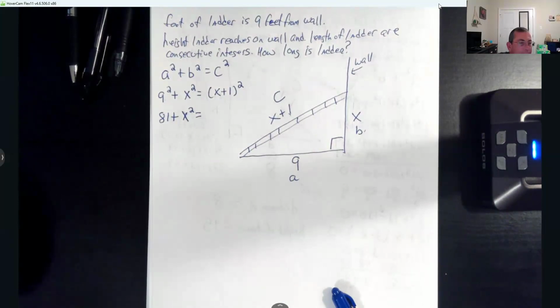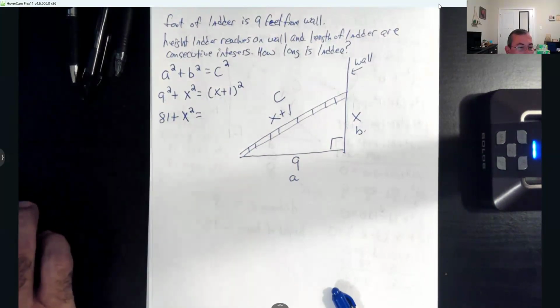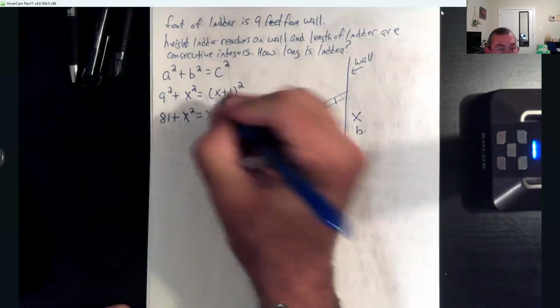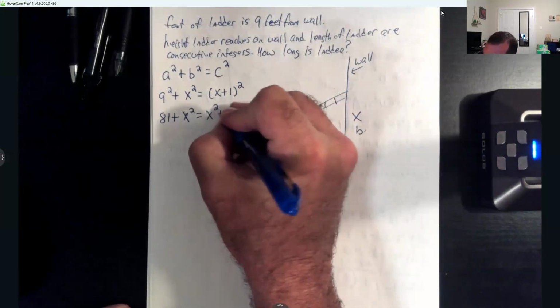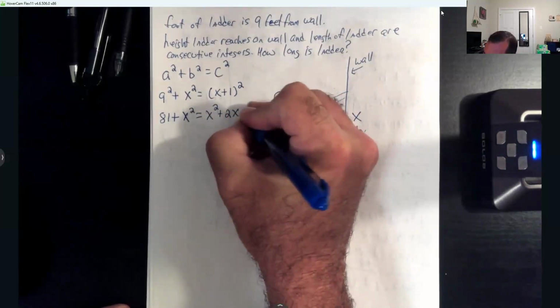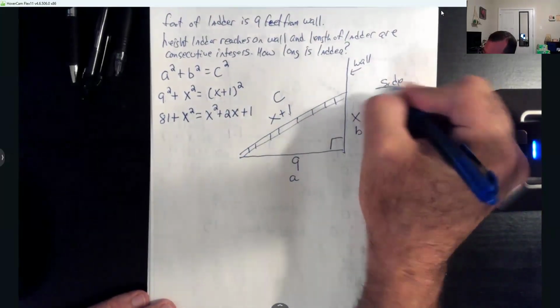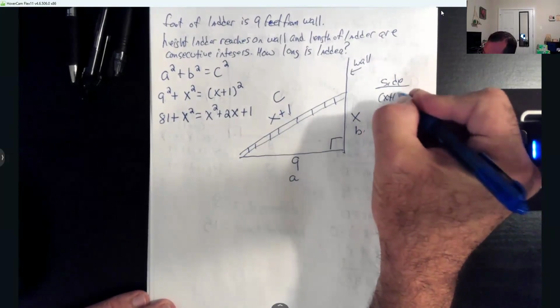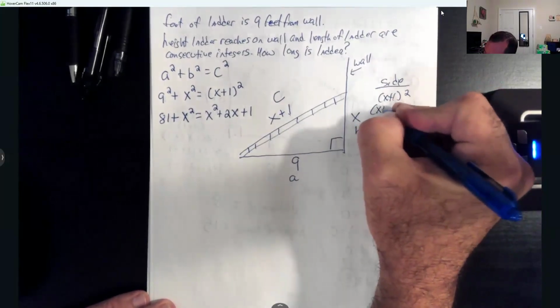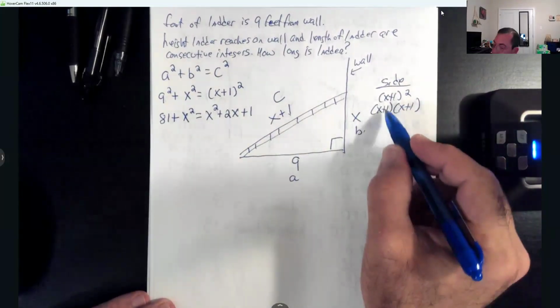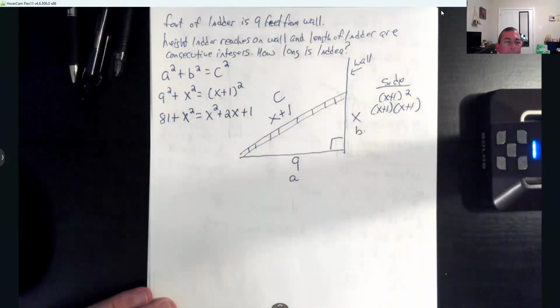Good job. So she did x plus 1 times x plus 1 and FOILed that out and gave me x squared plus 2x plus 1. Okay, y'all, so just take that on the side and FOIL it. Okay, so she FOILed that and got me that answer.